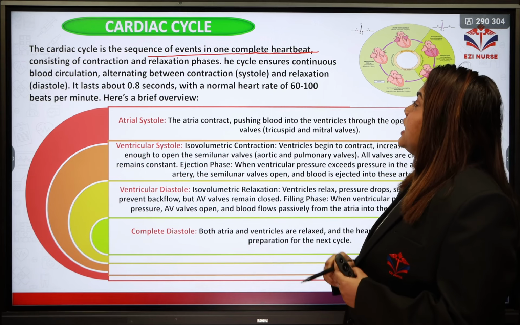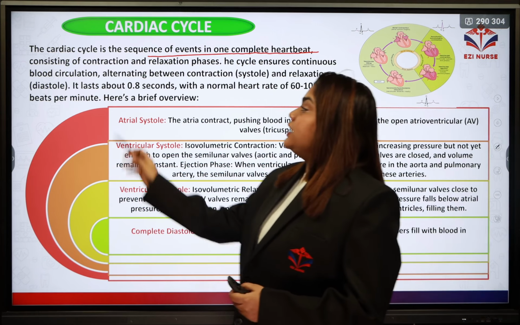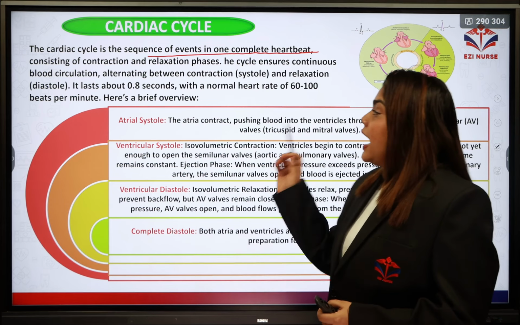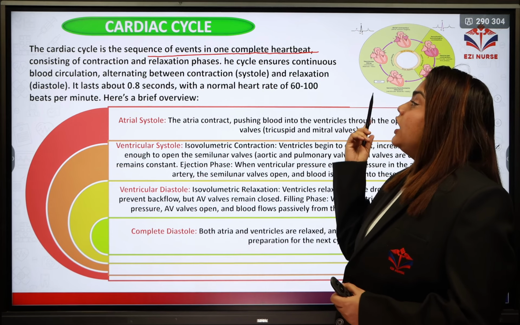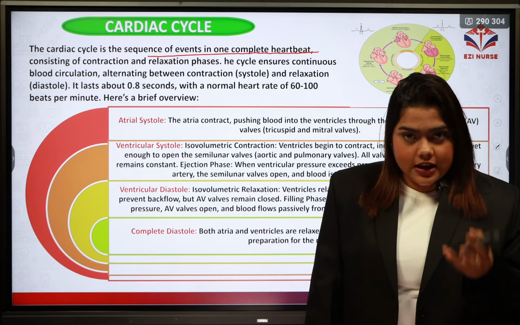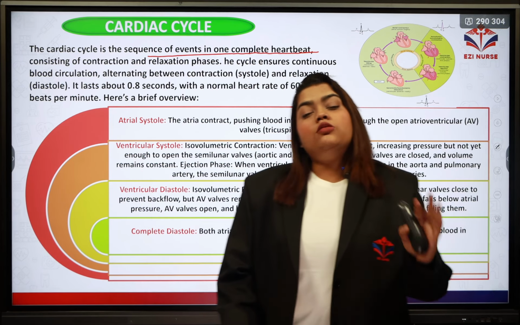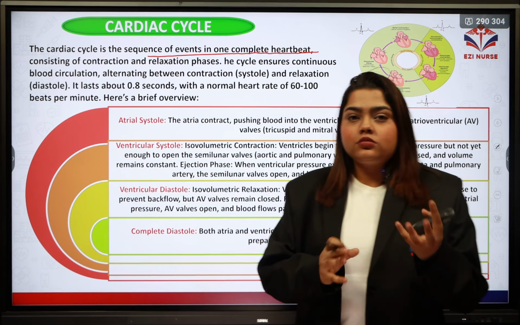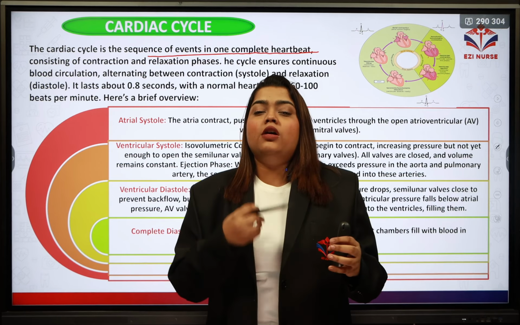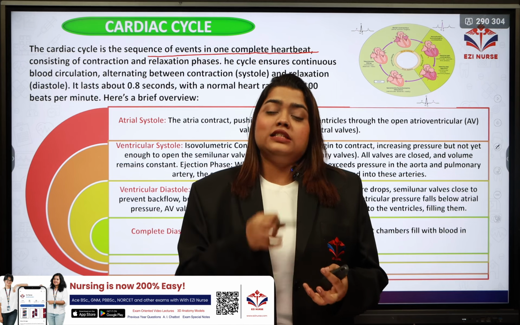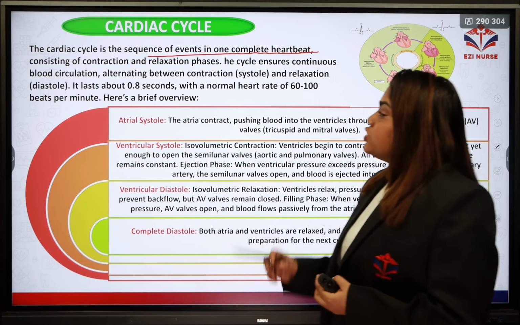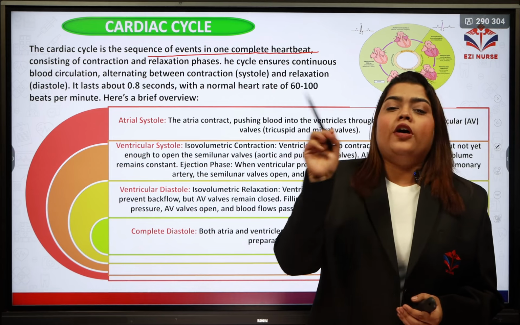The cycle ensures continuous blood circulation, alternating between contraction, which is called systole, and relaxation, which is called diastole. This systole and diastole is what we measure as blood pressure. The cycle lasts about 0.8 seconds.